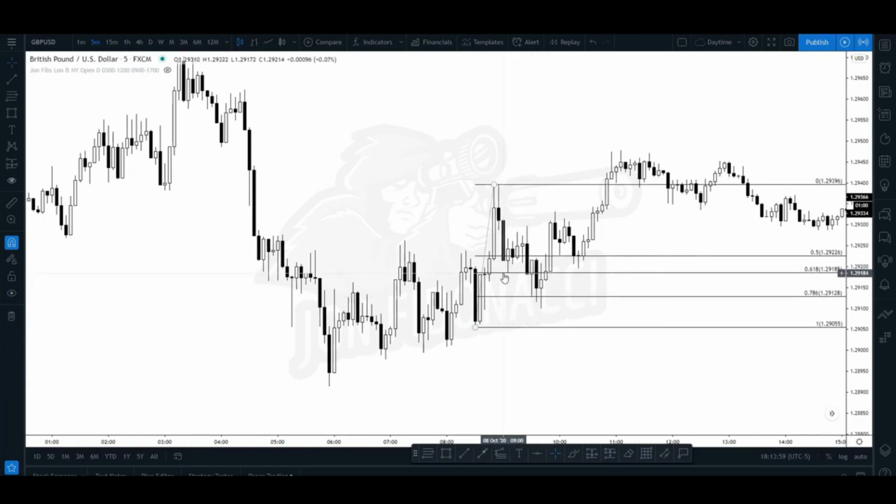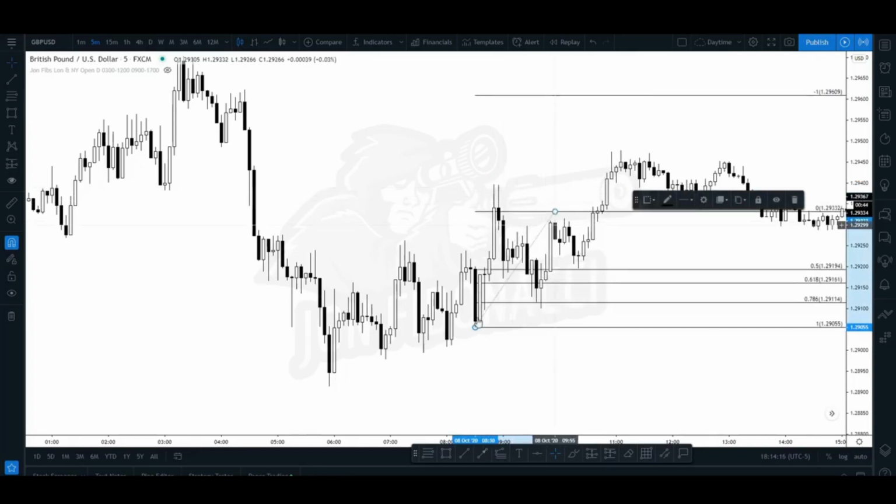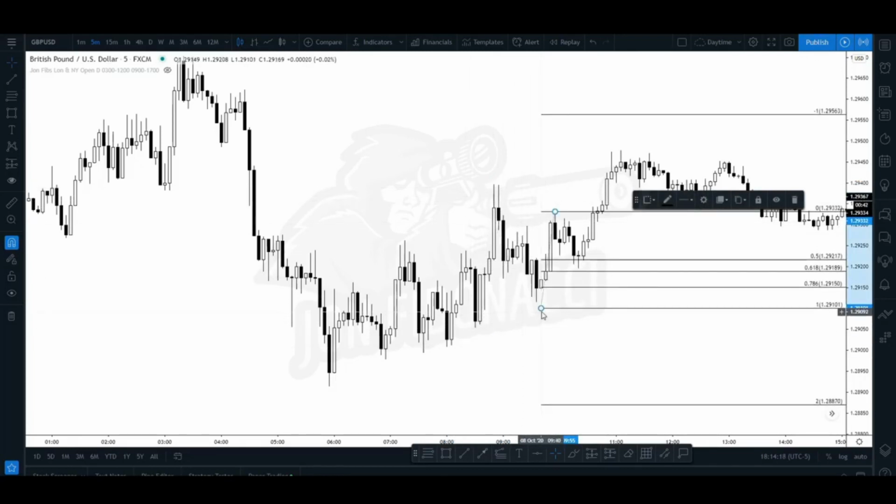So if you had bought this, maybe you took a little bit of drawdown before the market continues higher again. Very interesting. There's these bodies here, and then these bodies here, so that high gets broken. So you could draw the fib from that low to this high, and then a 50% right there. Okay, and then the market rallies again.